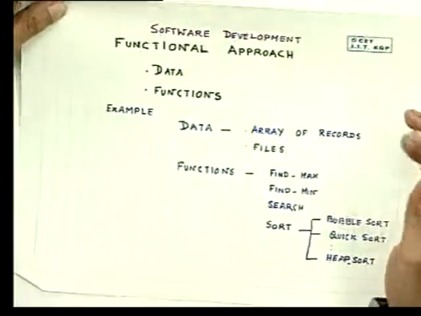On the contrary, in an object-oriented approach, data is more important, in the sense that along with data, we associate certain operations with it. These constitute the concept of an abstract data type, which you can think of as a precursor to object-oriented programming.